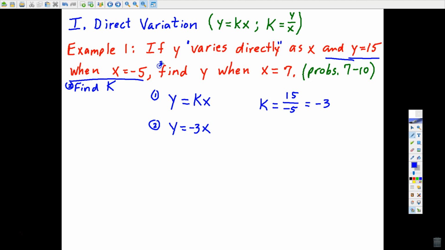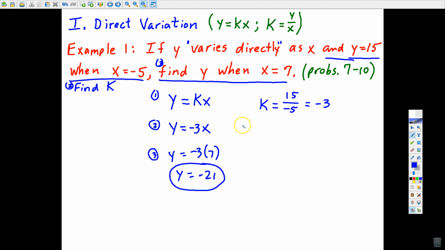Now I'm going to do step 3, which ultimately is find out what y is when we let x be 7. Well, that's going to be pretty easy, just taking our equation here, and we're going to replace x with 7 and do some simple multiplication, and we'll get y. So my final answer here is y is negative 21. Okay, so let me recap.